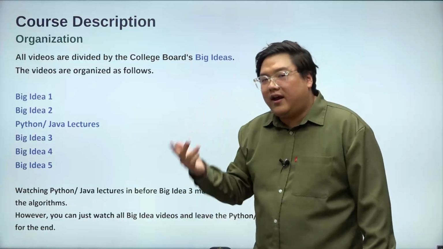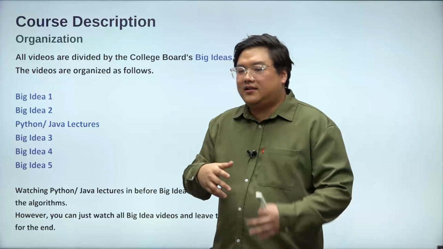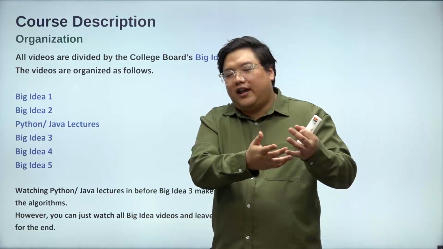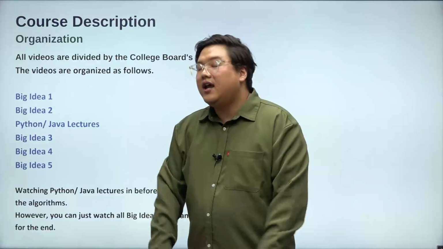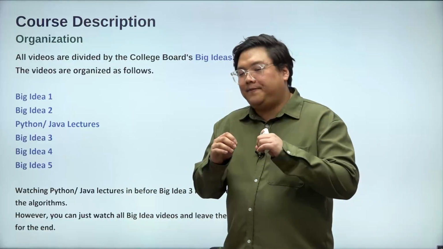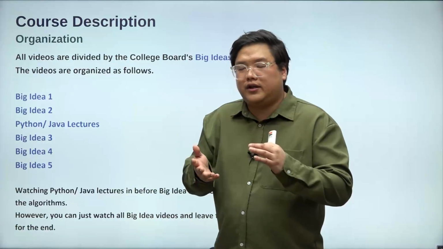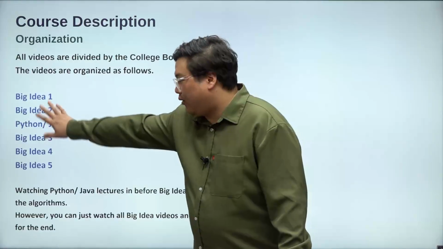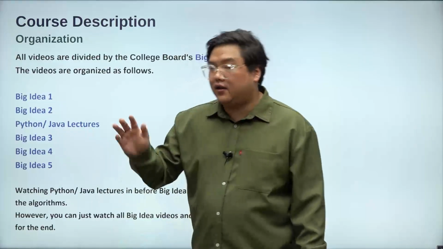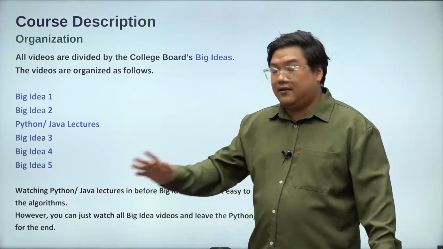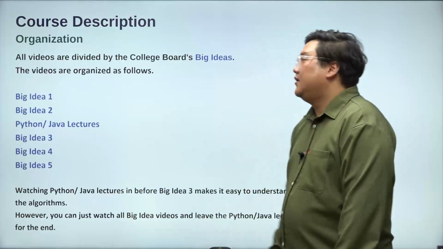But if it's the other way around, it's kind of hard because you first learn a language that technically doesn't exist, and then you learn the actual language. That process turned out to be a lot harder for students, so I organized it this way. But if you prefer to watch 1, 2, 3, 4, 5 and then go to the Python and Java lectures, that's completely fine.